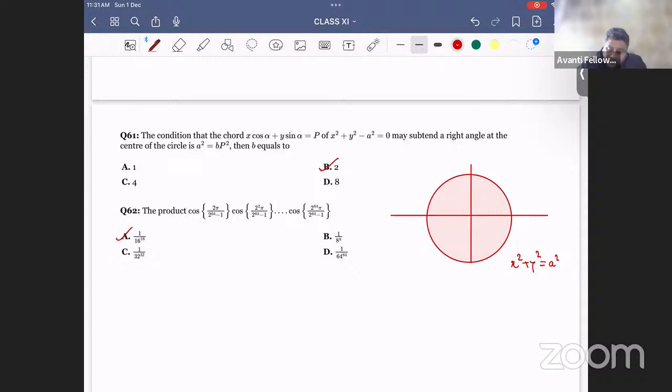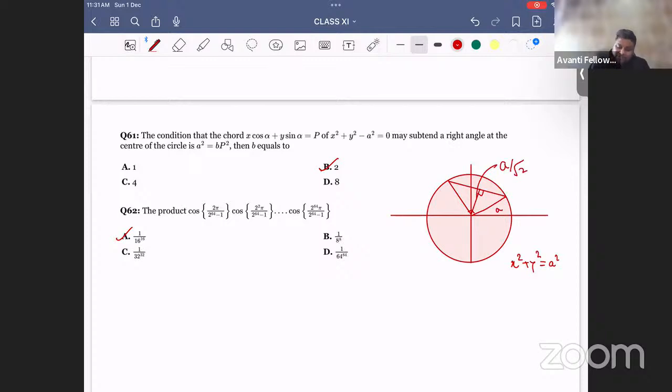If this angle is 90 degrees and the radius is a, this length has to be a upon root 2.